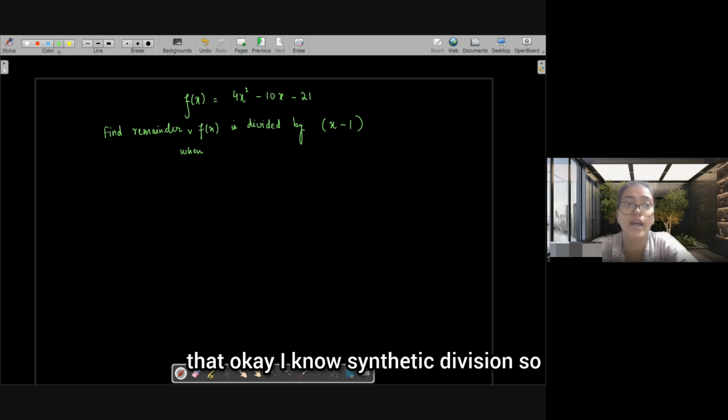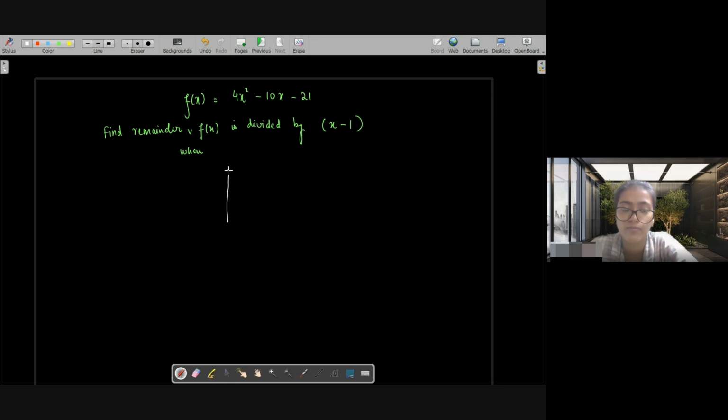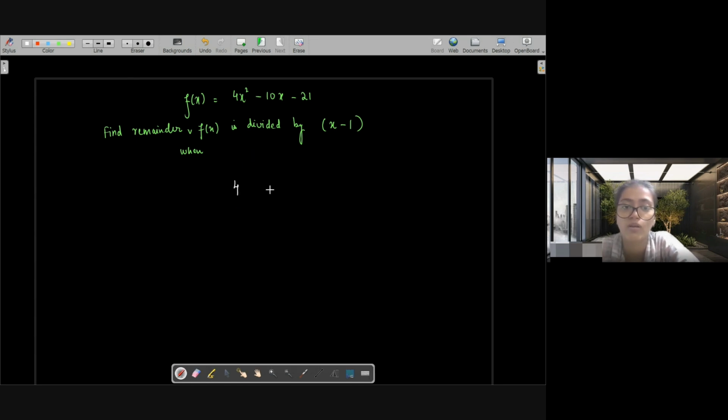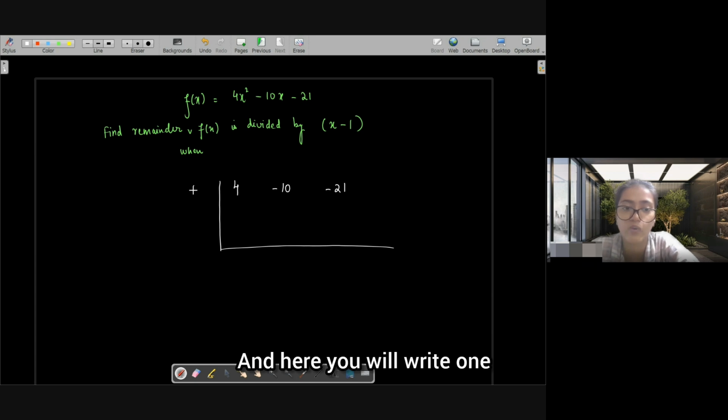Now you would say that, okay, I know synthetic division, so you would divide it using synthetic division for 4, negative 10, negative 21. And here you will write 1. Can you tell me the next steps?